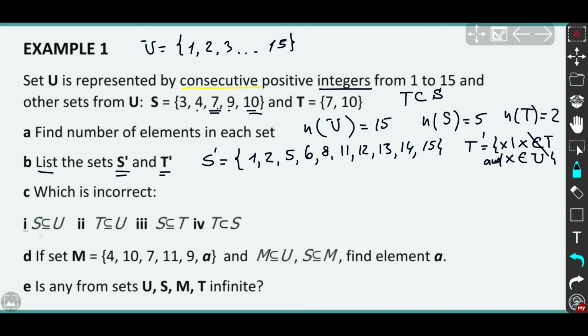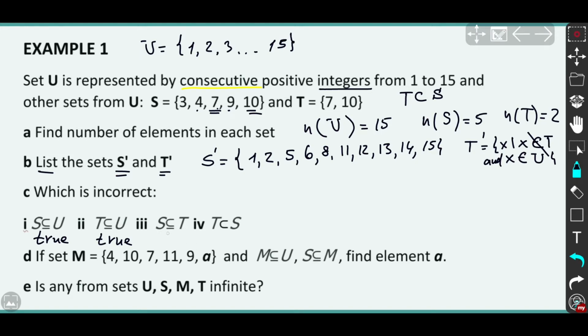This equality means that S might be equal to the universe, but in the general case it's true, so you need to write that it's true. What about T? T ⊂ U is also true, because the universe contains, of course, 7 and 10, so it's definitely T ⊂ U.